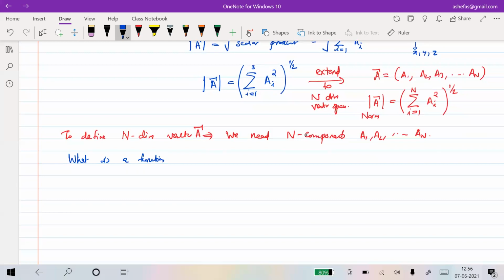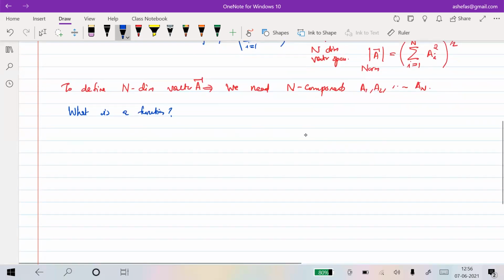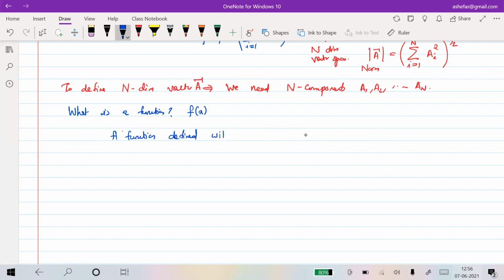What is a function? f of x. A function will have a variable x. For each value of x, there will be a corresponding value for the function. A function is defined with a variable.